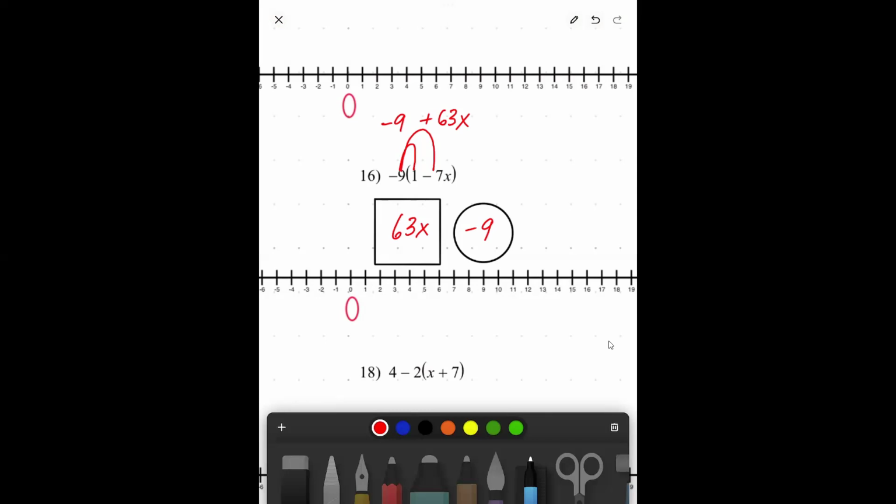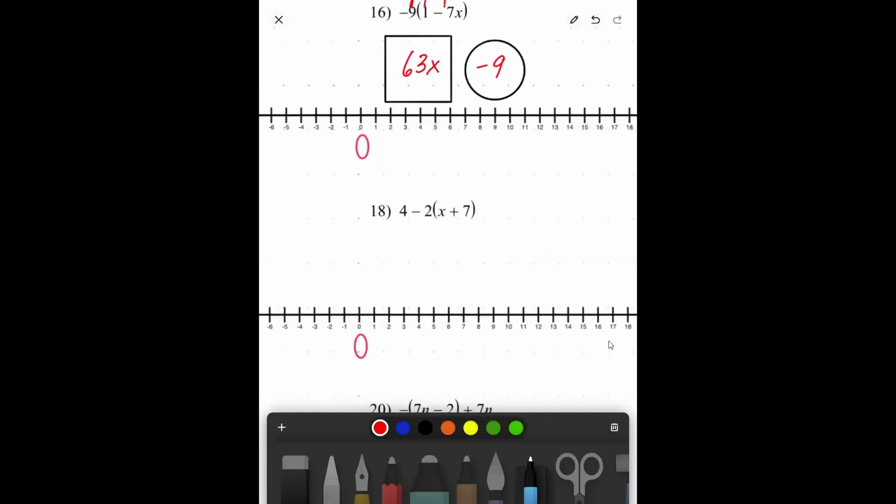That's it. Now, I'm going to do number 18, and then I'm going to stop and post this. Again, I'm going to put a box here and a circle here. The first thing you always do is get rid of the parentheses by distributing the number in front of it. The number in front is a negative 2.